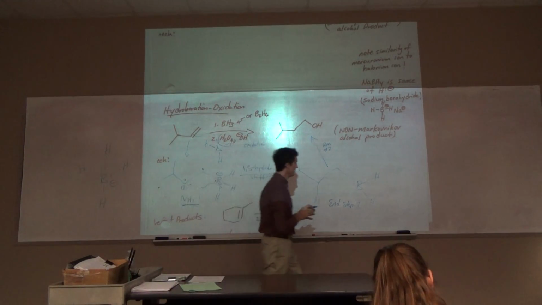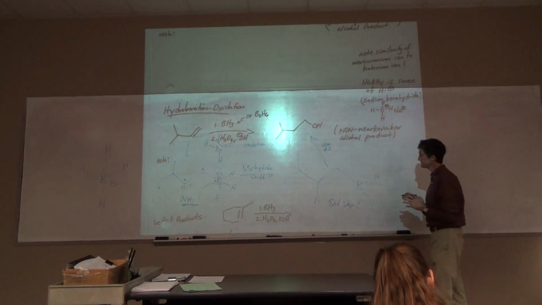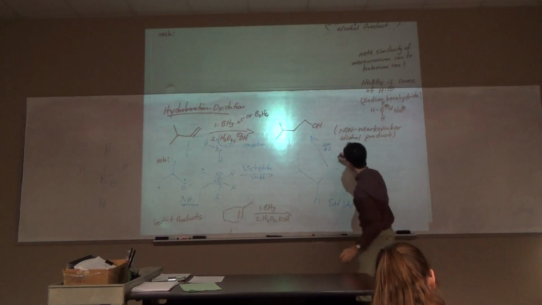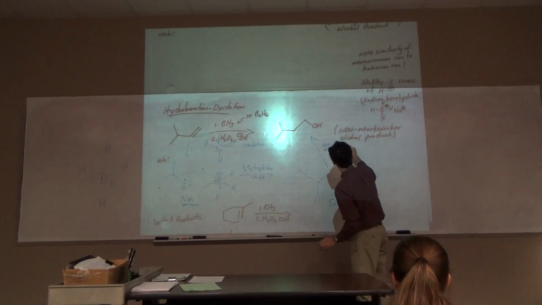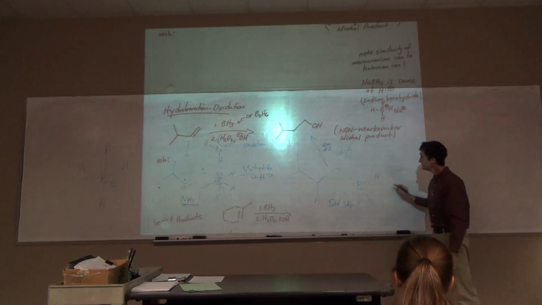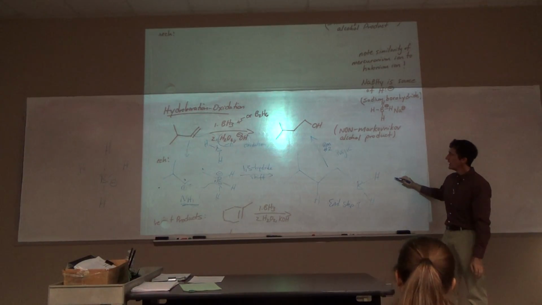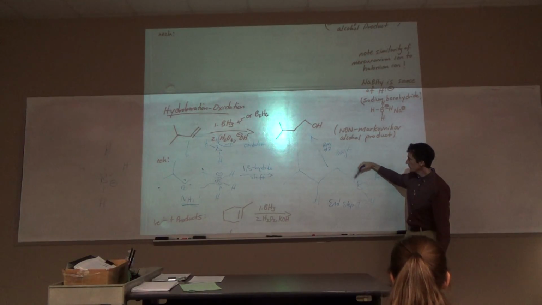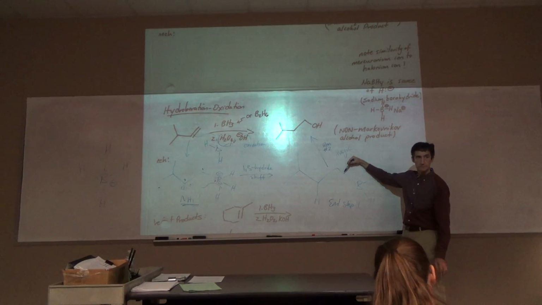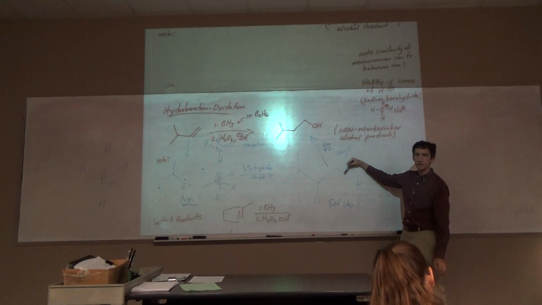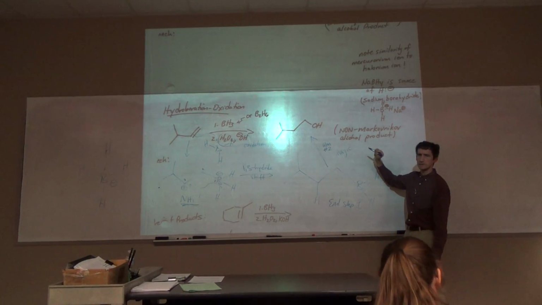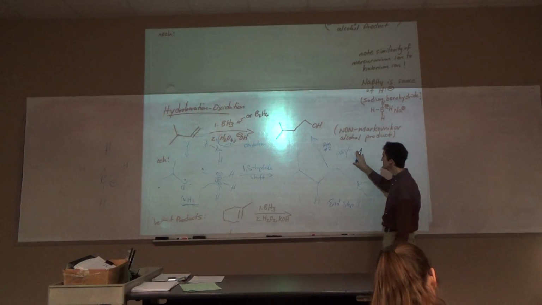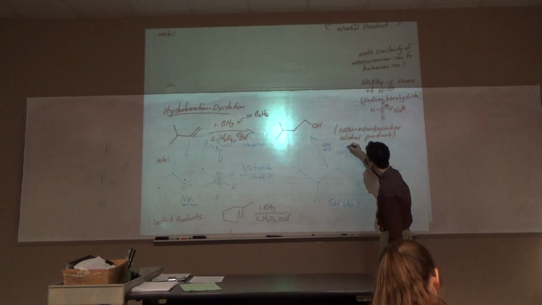We're not going to look at the mechanism here. The mechanism is magic. Those reagents replace the boron with the OH. Not going to be looking at the mechanism. It's a little bit too convoluted and not long-term useful.